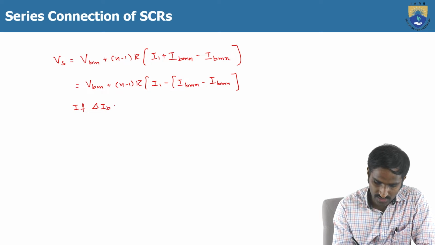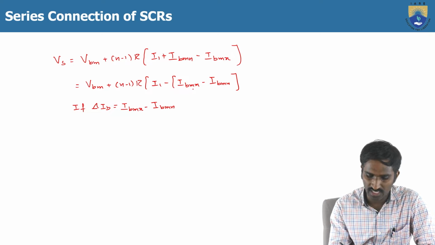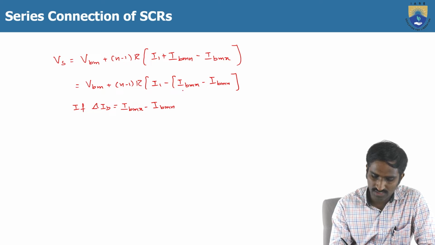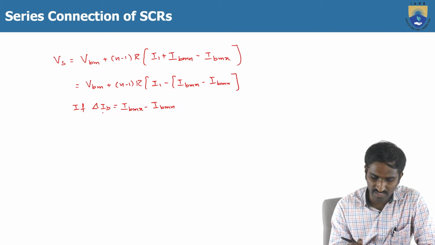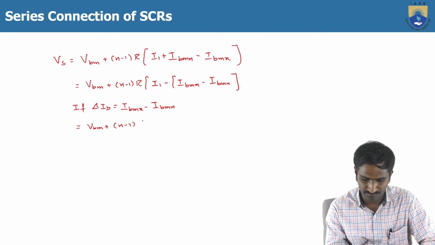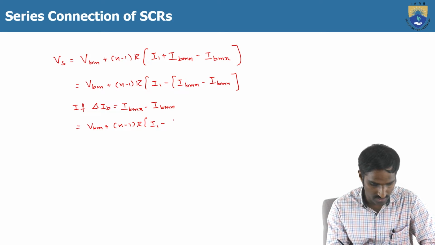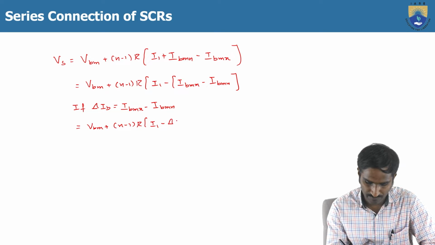Here I am considering delta IB is equal to IBMX minus IBMN. So in the place of IBMX minus IBMN, you can substitute delta IB, then this equation will become VBM plus n-1 into R into I1 minus delta IB.